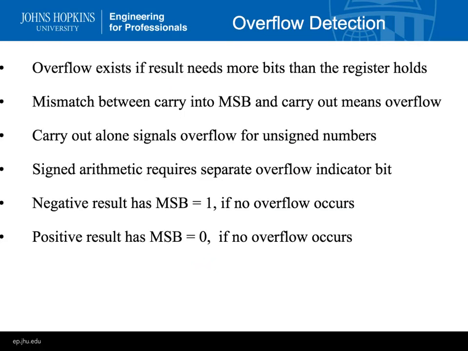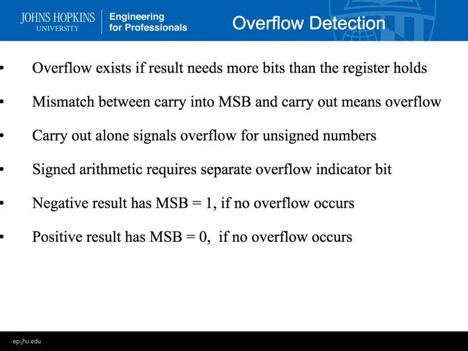So we also need to look at overflow detection. If we add two numbers and the result can't fit in 32 bits, we can tell that there's overflow when the most significant bit and the carry out don't match.